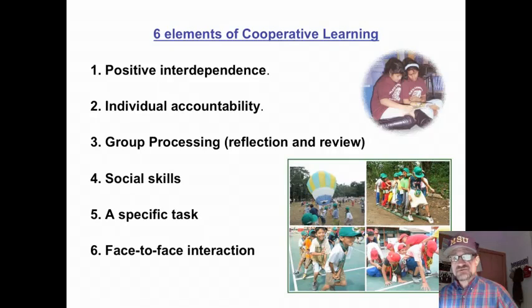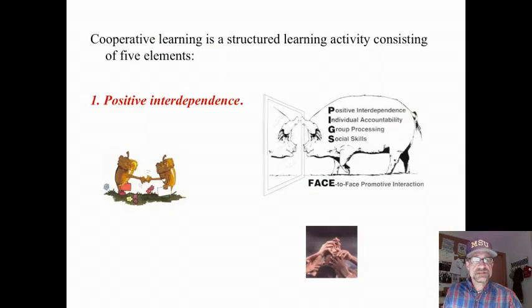There are 6 elements of cooperative learning, and we are going to go over each one of them. First, positive interdependence. Students perceive that they are linked with other group members. They cannot succeed unless everyone does his or her part. You sink or you swim together.